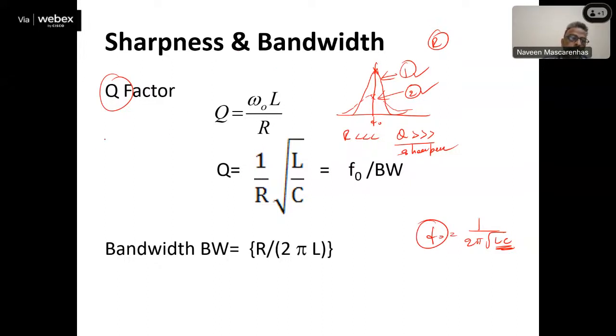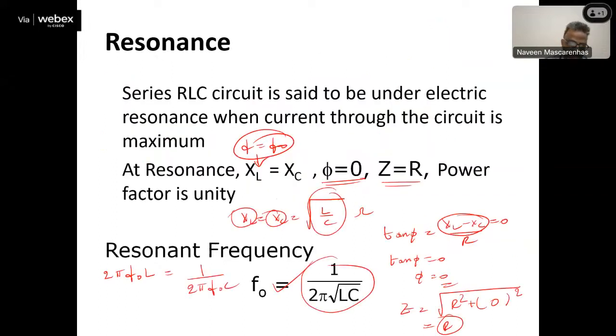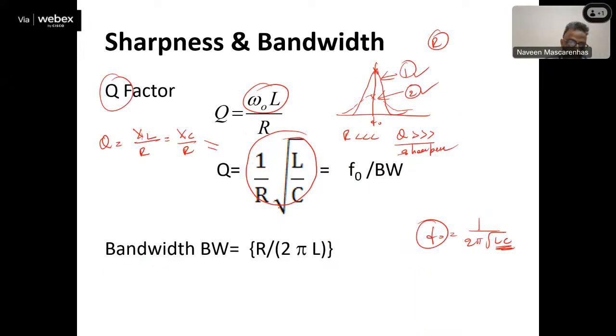And yes, we can find out the Q factor. Q factor is always defined at resonance. At resonance, we can always calculate the Q factor using the formula XL by R is equal to XC by R. This is XL by R, omega naught L by R. Which is also equal to, here one more formula, 1 by R root of L by C. Because, as I told you in the previous slide, the value of XL and XC is root of L by C. And therefore it is 1 by R root of L by C, and it has no dimension, it's a dimensionless quantity.